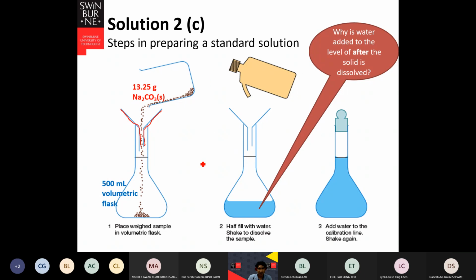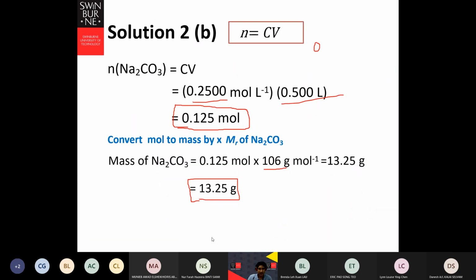And then I'll start adding water. Not drop-wise, but I'll only half fill it, not full. Don't just top up to the mark right away. Actually here it will be 100 milliliter, and this one is 500 milliliter.